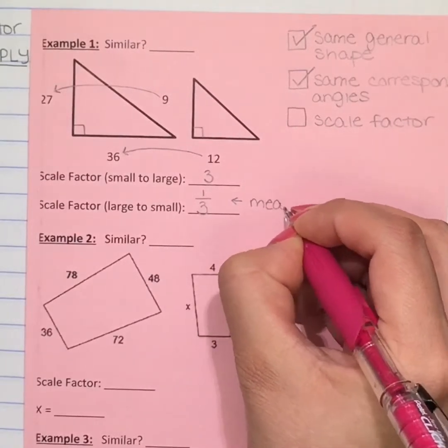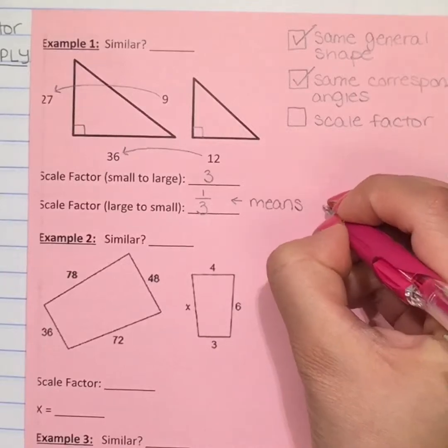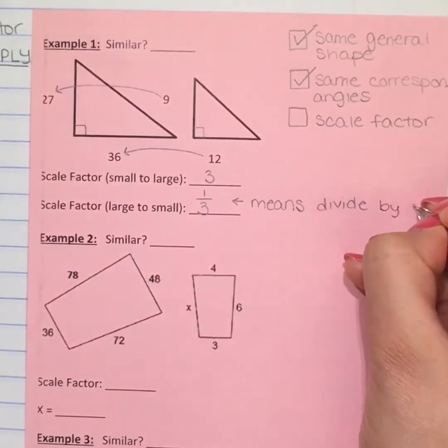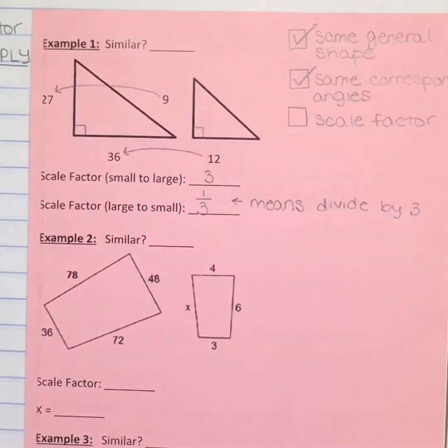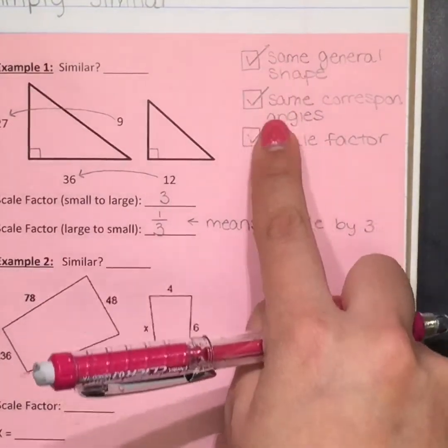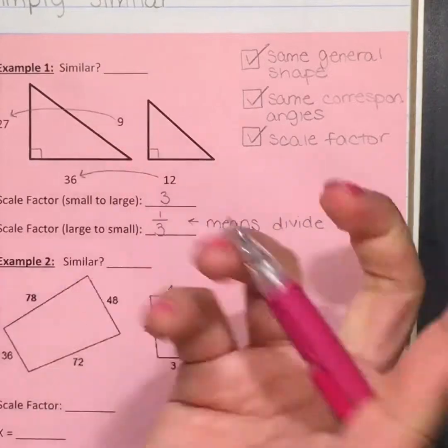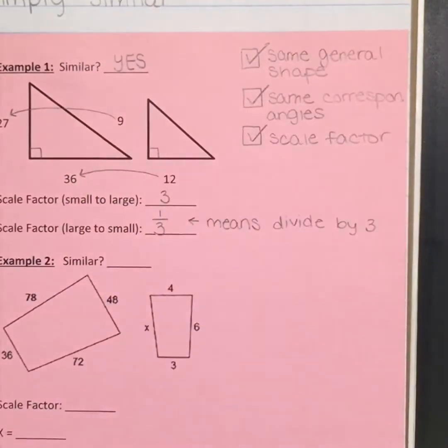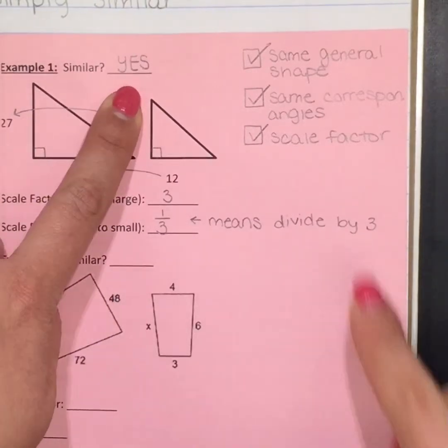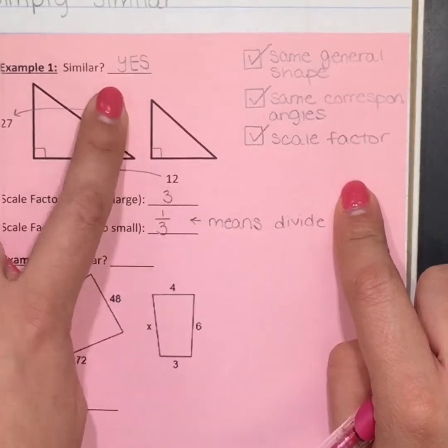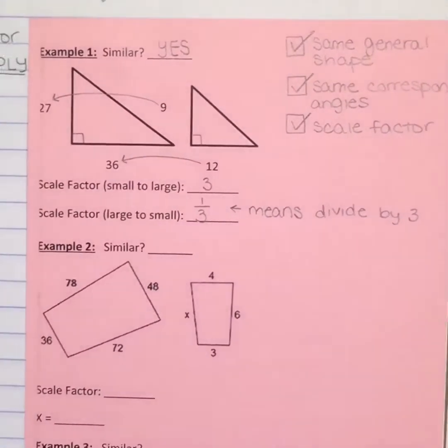Means divide by 3. Okay, so was there a scale factor? Yes. And since these two triangles meet all 3 characteristics, then were they similar? Yes. So my answer to the question is yes, but this is my explanation, and this is what I need to see from now on if you're asked about similar shapes.